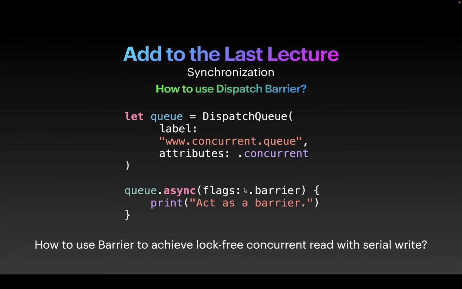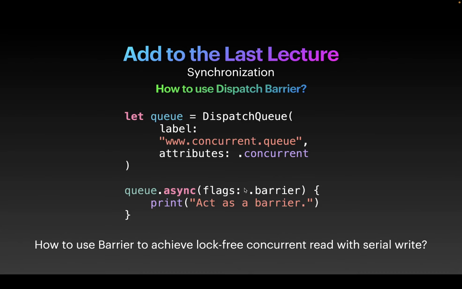In this case, you can go with .barrier. There are some other flags too. You can take a look at the documentation and explore the different behaviors with other flags, but today we're just going to talk about the barrier. So this is how you create a barrier block.